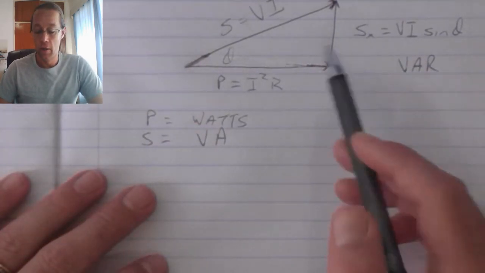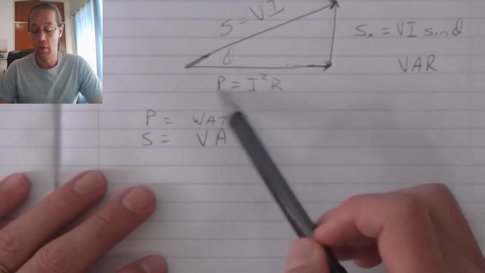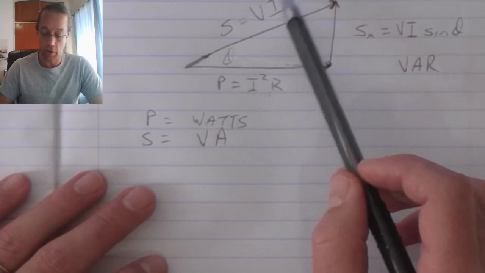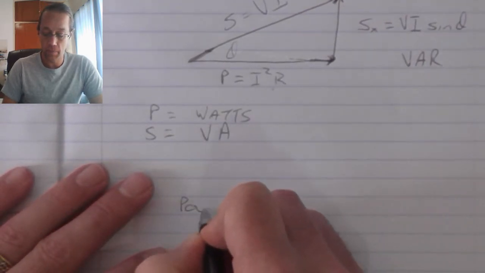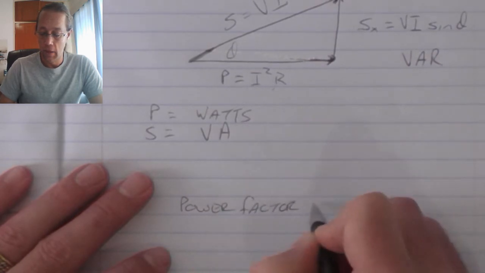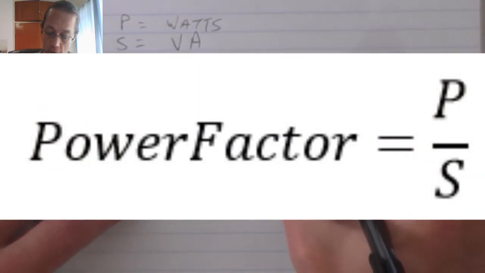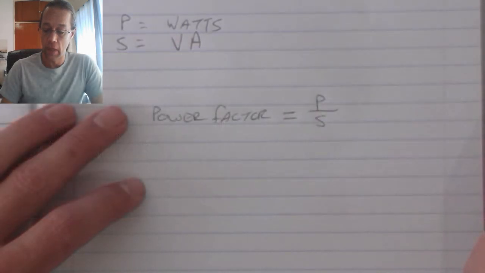The power factor refers to the ratio between the amount of power that has been converted with reference to the amount of power that has been supplied to the circuit. So, power factor is equal to true power divided by apparent power.